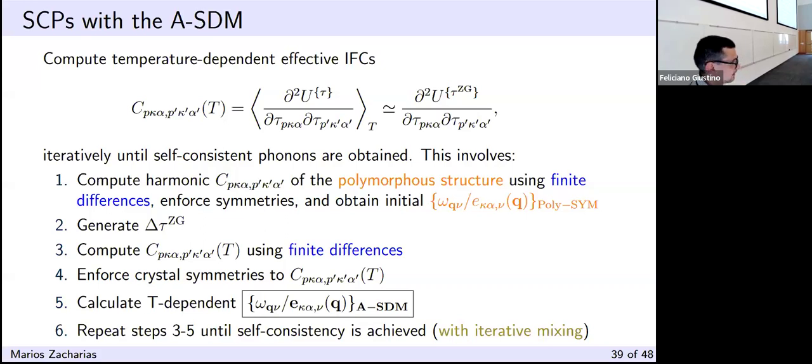The physical insight. I think I'll split my answer in two parts. One thing that we need to have in mind is that the special displacement method is accurate with the supercell size. But any method that you use, even if you do molecular dynamics in a 2x2x2 supercell and run a billion configurations, or if you do Monte Carlo on a billion configurations, you are still in a 2x2x2 supercell.